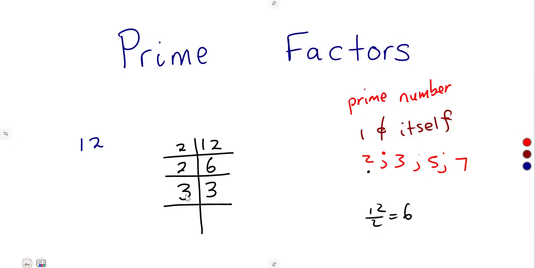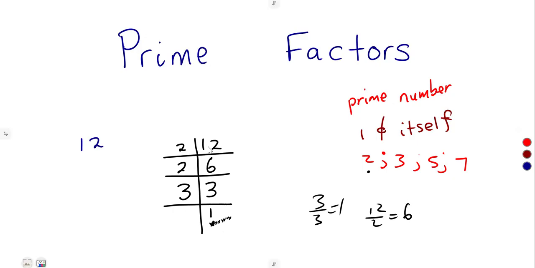So it's 3 divided by 3, which is 1. We are done. 1, remember, is not a prime number, so you stop when you get this 1. You cannot keep going 1, 1, 1. So you're done.